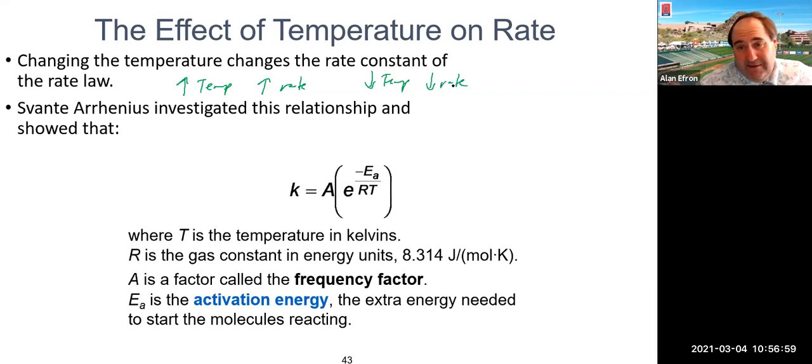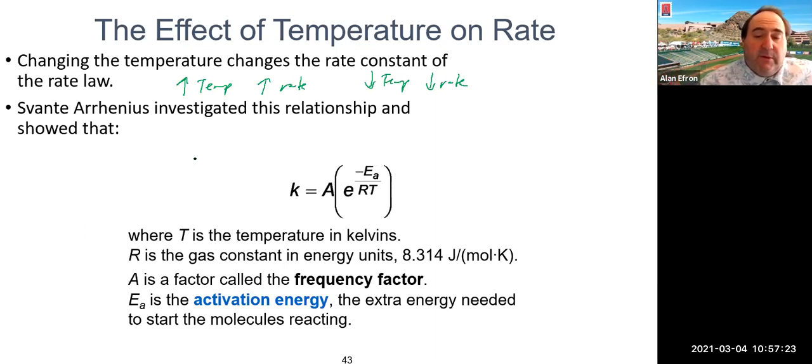Again, the idea is when you're increasing the temperature, you're putting more energy in. More energy means you have a lot more reactants that have enough energy to get up and over that hill to the other side. Vice versa, if you decrease the temperature, everybody has a little less energy. They're not going to have as many that can get up and over to the other side.